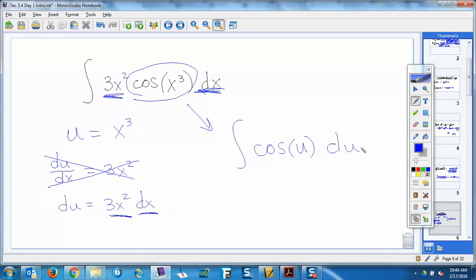Well, now look what I have. Now I have something that's on page 333. I have a nice, simple antiderivative I can do. What's the antiderivative of cosine? It is sine plus c, and then I'll take the u out, I'll put the x's back in, and that's how I would get it. Now, we know from the previous page that was the answer from the work we had done, but you're not going to have that all the time, right?